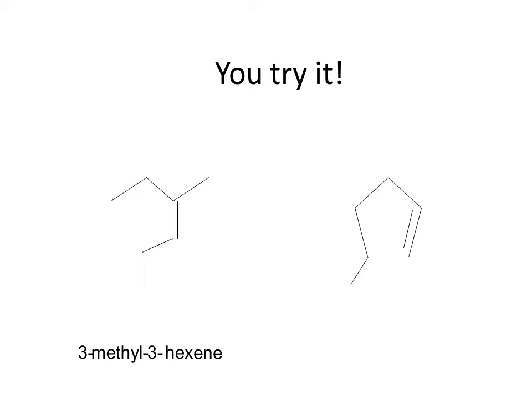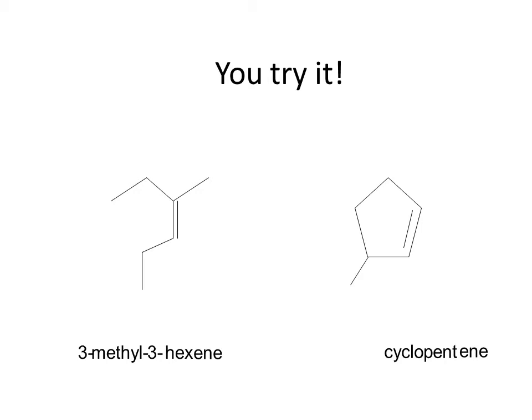To name the one on the left, I'm going to recognize it's a cyclo compound, so it's cyclopent because there's 5 carbons in there. Then there is an -ene, so I make it cyclopentene. The number 1 carbon will be one of the carbons in the carbon-carbon double bond.